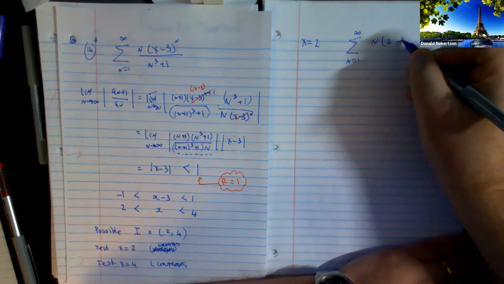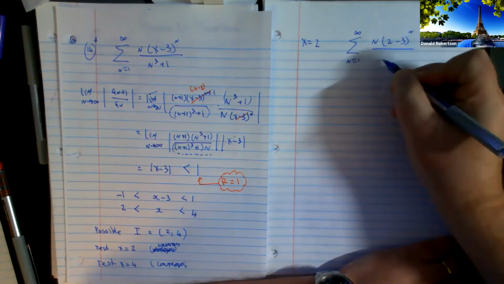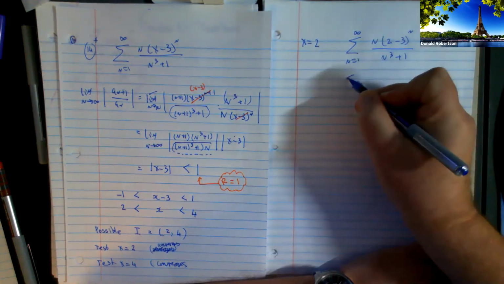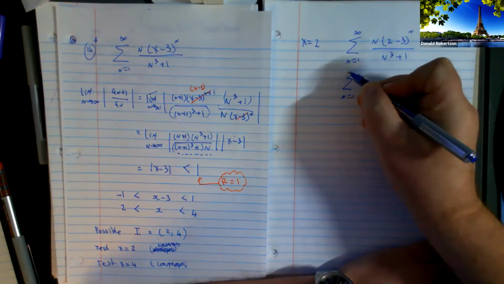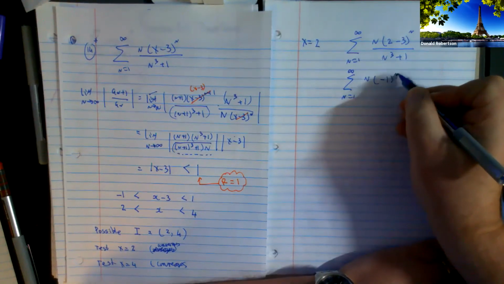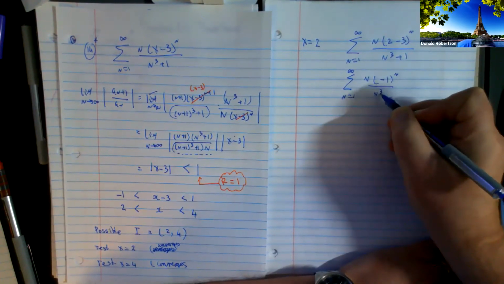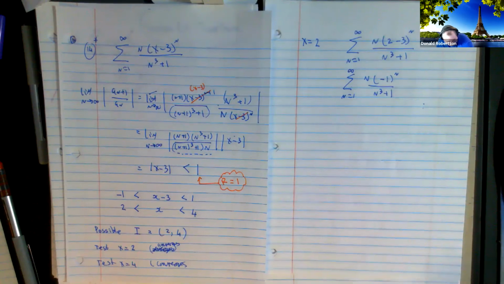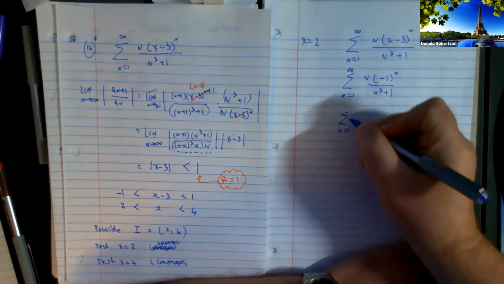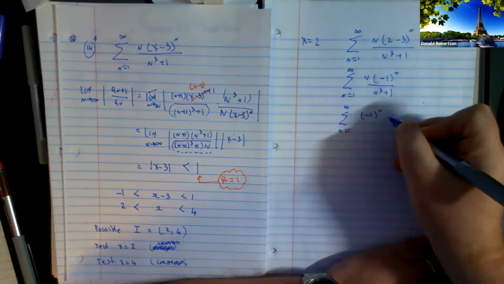2 take away 3 to the n over n cubed plus 1. That will become negative 1 to the n over n cubed plus 1. It really doesn't matter, but it bugs me, so I'm doing it so I feel happy.